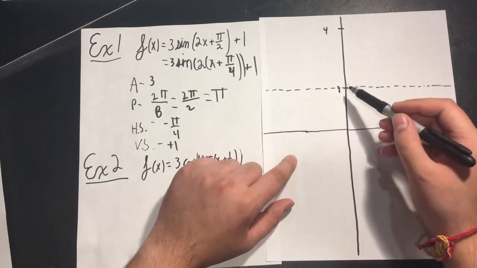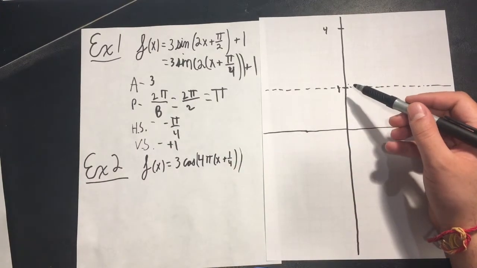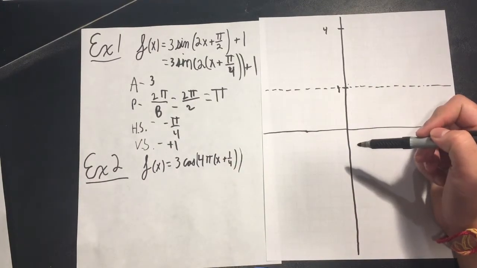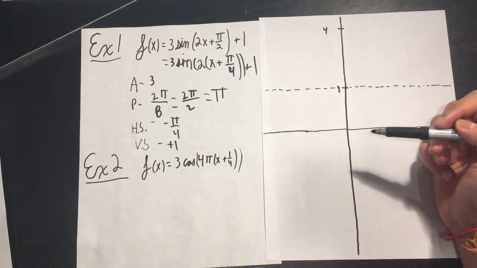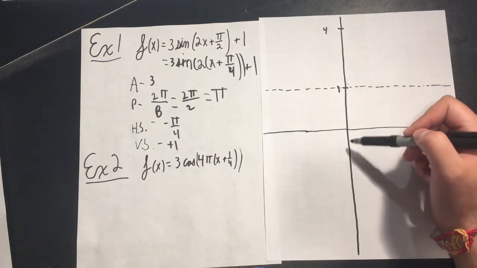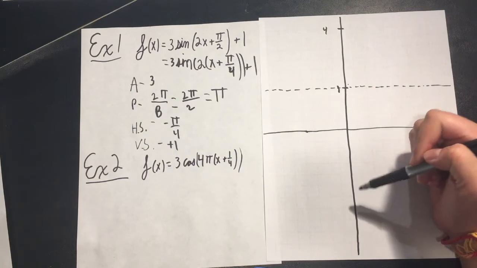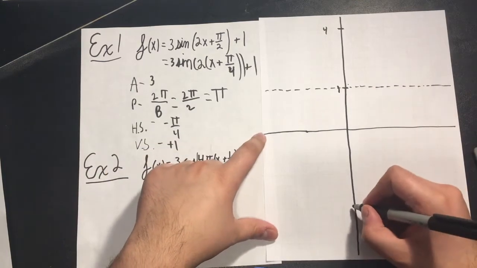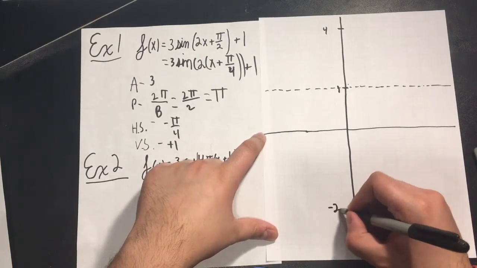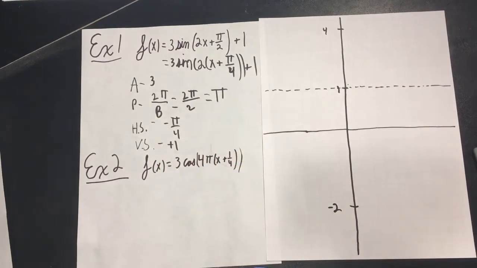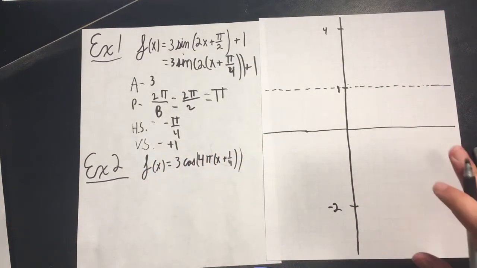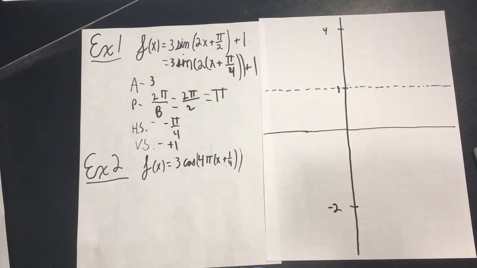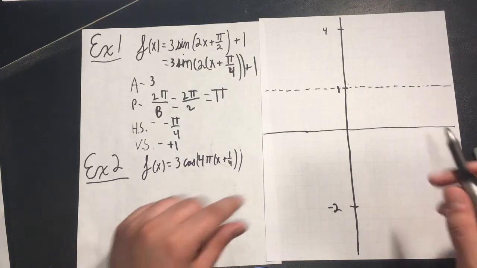And then it's going to be another 3 down, which gets me negative 2, right? 0, negative 1, negative 2. So that's putting it right down there. Probably made this graph a bit too large, but yeah.